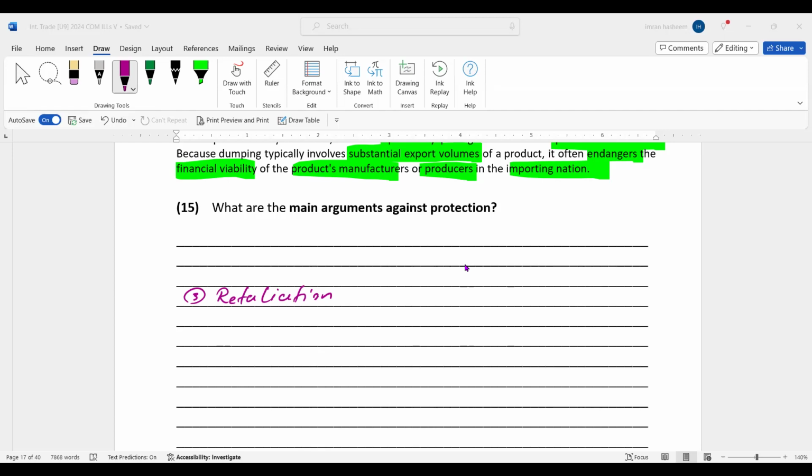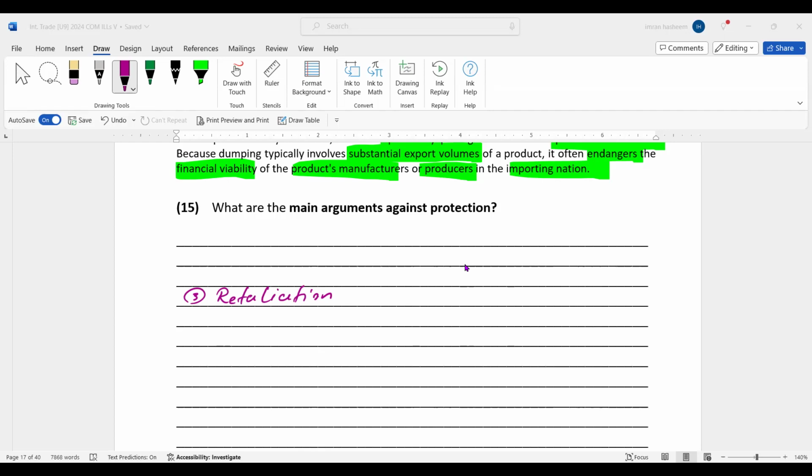So after rent seeking, I assume a connectivity problem. After rent seeking, within brackets, we wrote special interest groups lobby for self-interested, what did I say about the other?